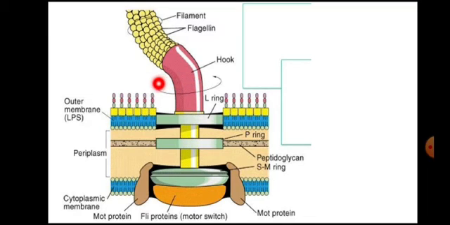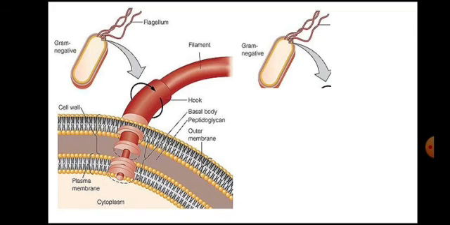As the arrow shown here, this flagellum movement is like this, and these are the rings which act as bearings and support the movement of this filament. So movement is like this. So that is about the structure of flagellum in gram negative bacteria.